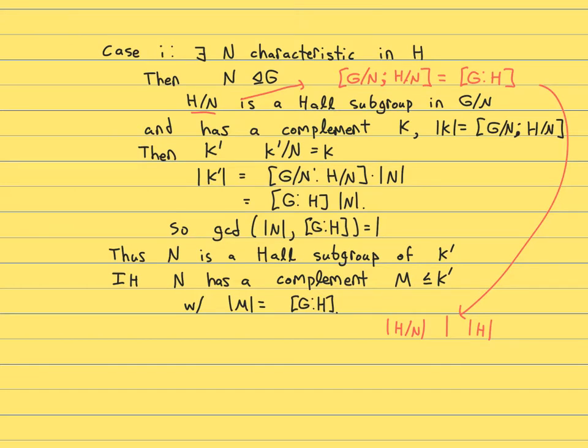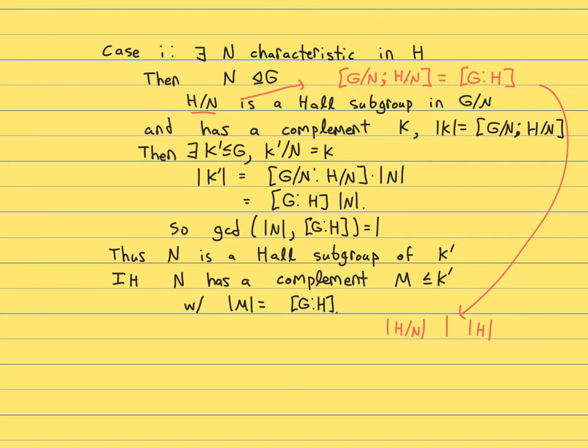By the isomorphism theorems, there exists a subgroup K prime of G, such that K prime mod N is equal to K. The order of K prime is then the order of N times the index of H mod N in G mod N, which, as we've discussed, is equal to the index of H in G. Much the same way that the order of H mod N divides the order of H, the order of N also divides the order of H, so these two also have no common factor.